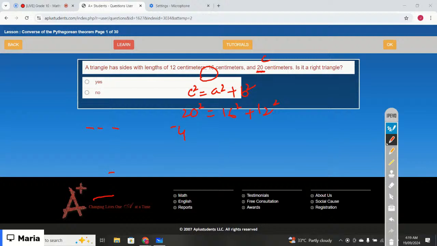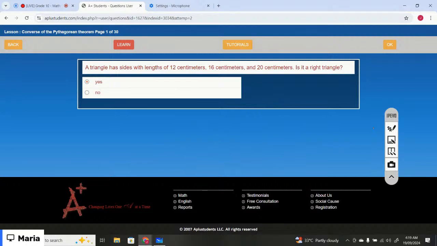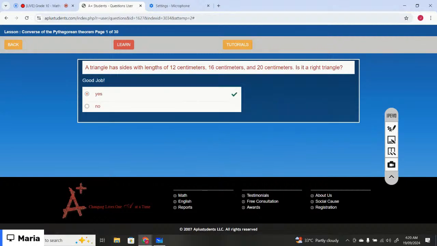So 20 square is 400, 16 square is 256, that is 144, right? So you can see both sides are exactly equal, right? So that means that is a right triangle. So the correct option is yes, it is. Option number 1 is the correct option.